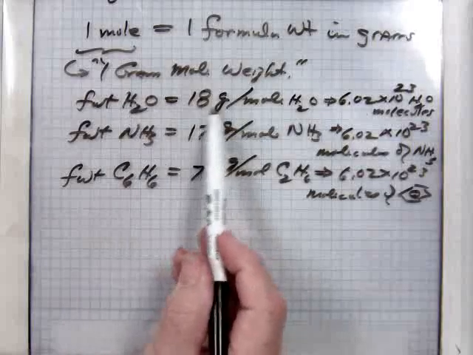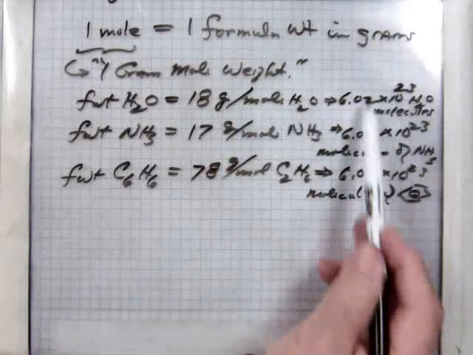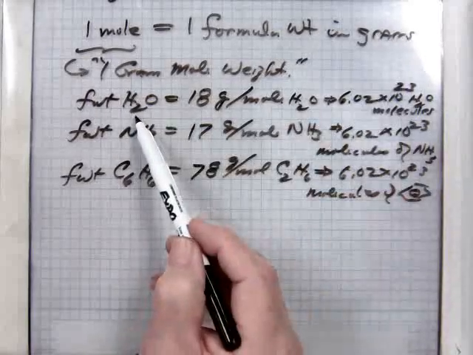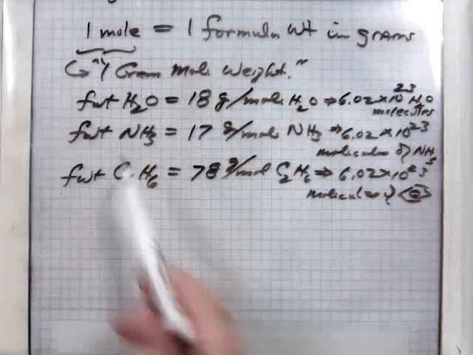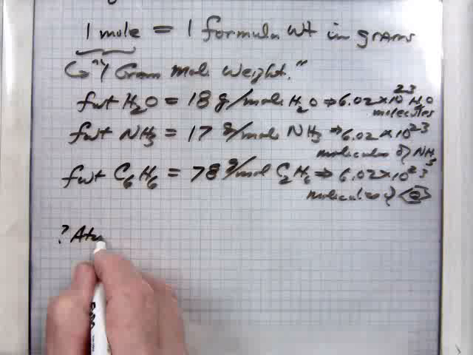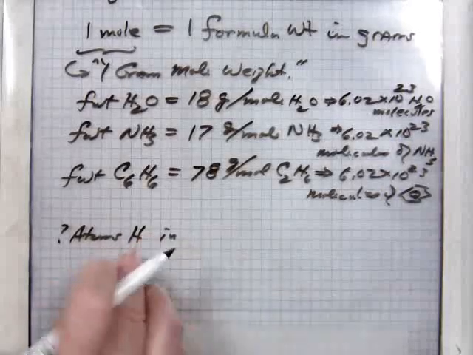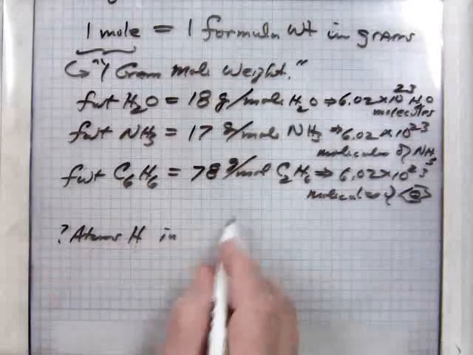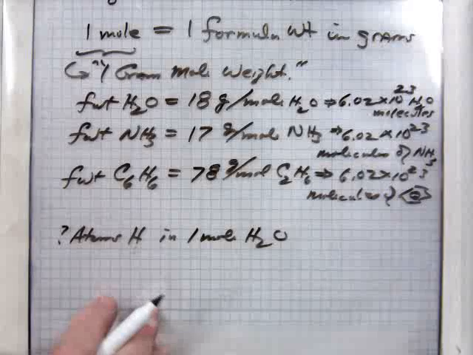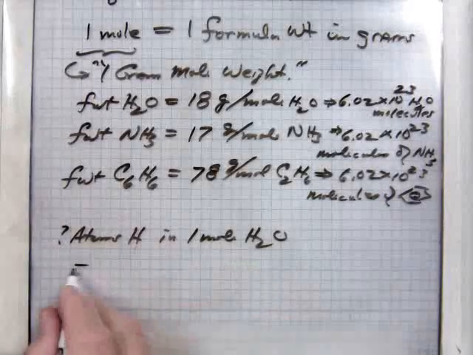Well, if 18 grams is 1 mole, and 1 mole contains 6.02 times 10 to the 23rd molecules, watch me now, molecules, and each molecule has 2 hydrogens, how many hydrogen atoms, not H2, are in 1 mole of H2O? It'd be 2 times 6.02 times 10 to the 23rd.